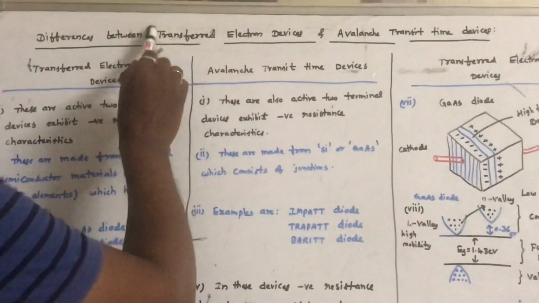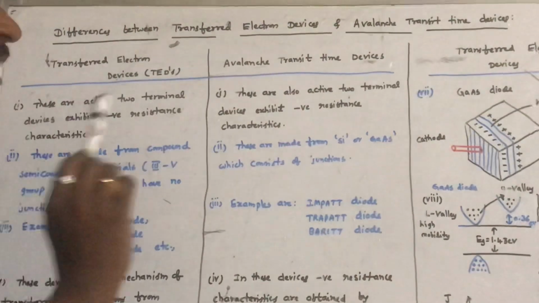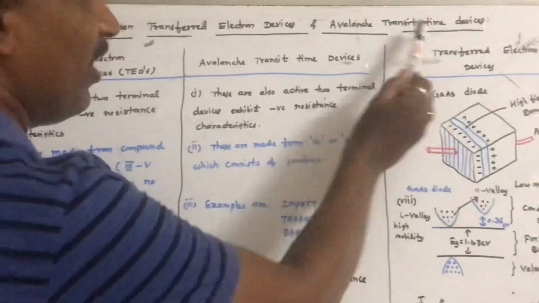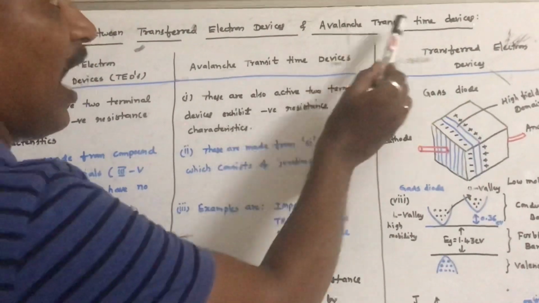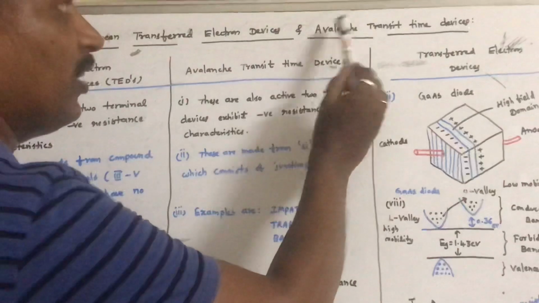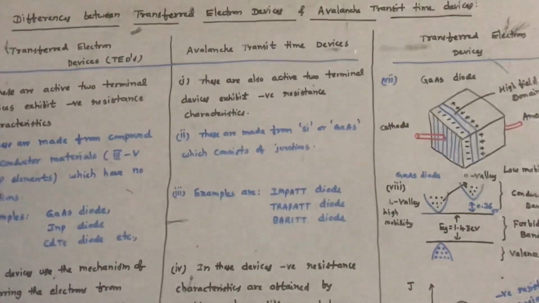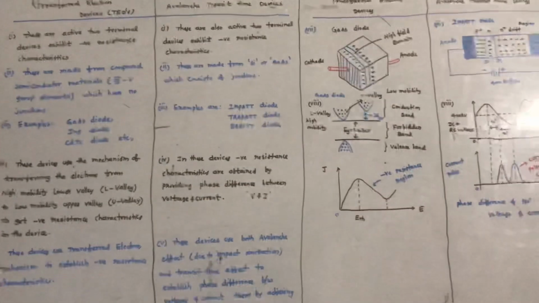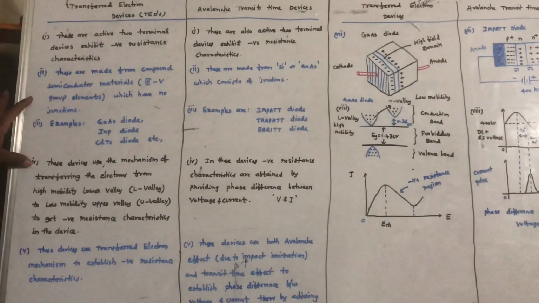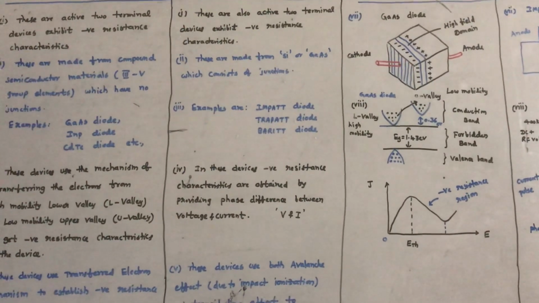They use the transferred electron mechanism to exhibit negative resistance characteristics, whereas these devices use both the avalanche effect and the transit time effect to establish negative resistance characteristics in the device. So this is what you have to write in the examination to give the differences between transferred electron devices and avalanche transit time devices. Thank you.